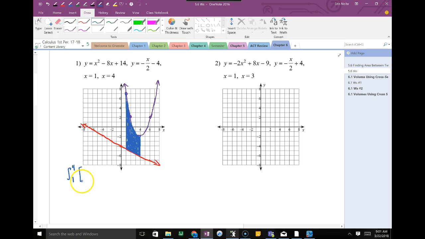Okay, and then I'm going to do my top function. Which equation is on the top? The left one. Okay, so the quadratic one, right? So we're going to have x squared minus 8x plus 14. And we're going to subtract the bottom equation. So what's the equation of the bottom one?